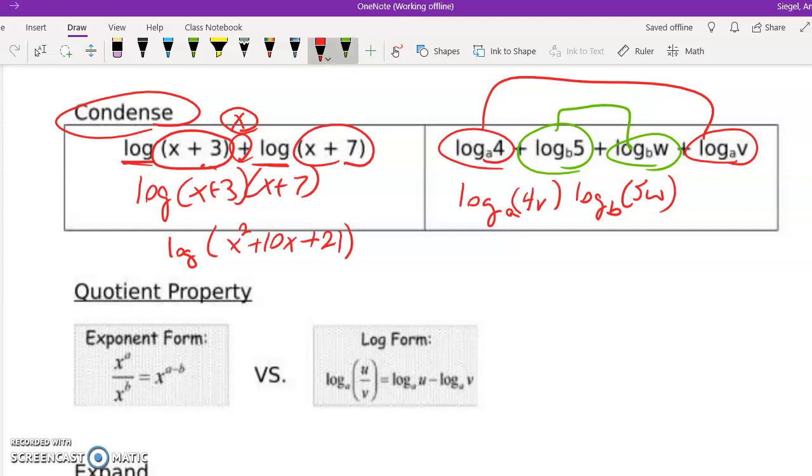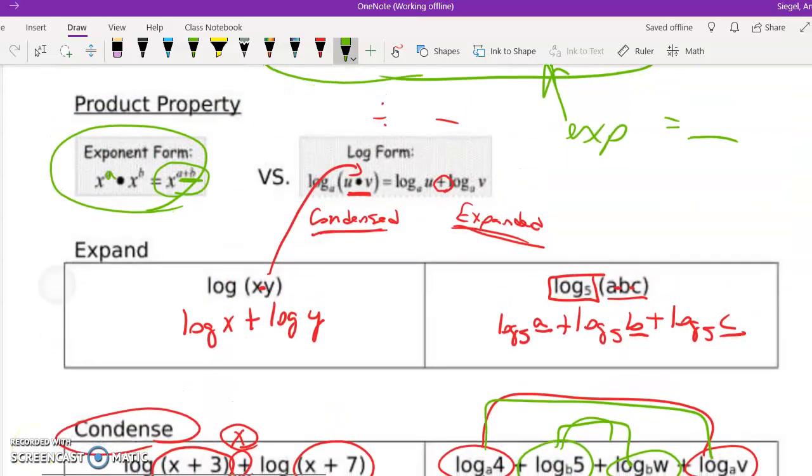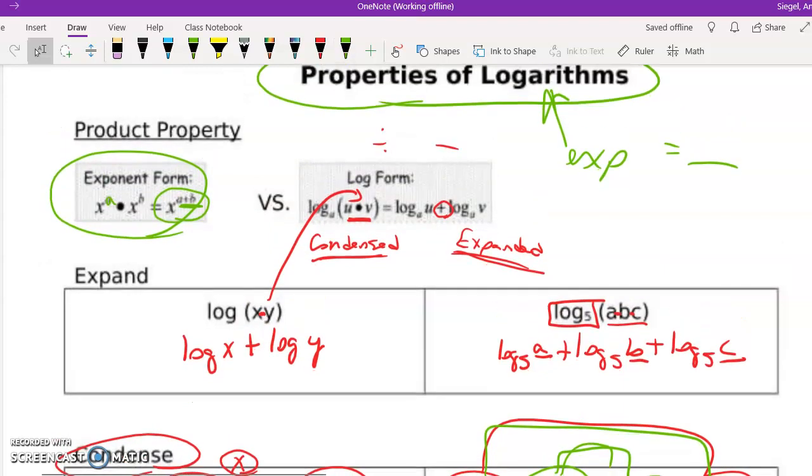I'm going to go ahead and connect these with a plus because we're still adding the logarithms together. The only thing we really did is just combine these. So you'll want to keep that plus there.